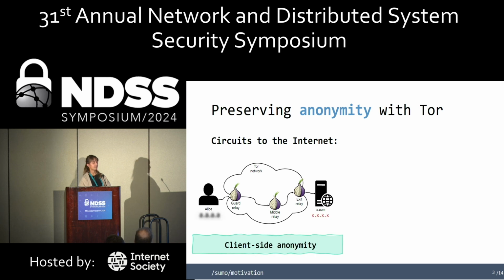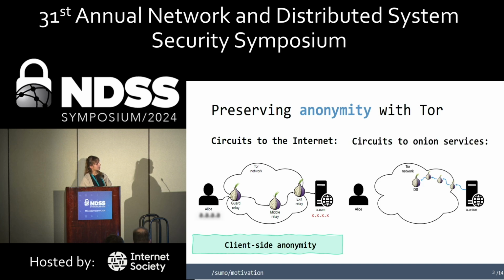However, this does not protect the server, since the user still needs to know the service so that it is able to access it. So for this, Tor designed onion services. The onion service will publish a set of introduction points on Tor directory servers, and when a user wishes to access the onion service, it will fetch one of those introduction points, establish a connection through it, choose a rendezvous point, and relay that to the onion service through the introduction point, so that the onion service can then establish a communication to that rendezvous point.